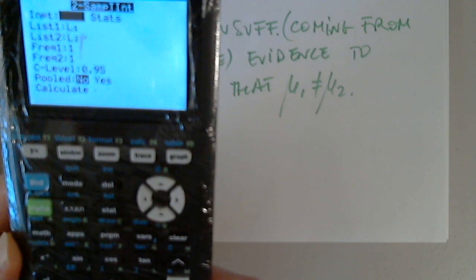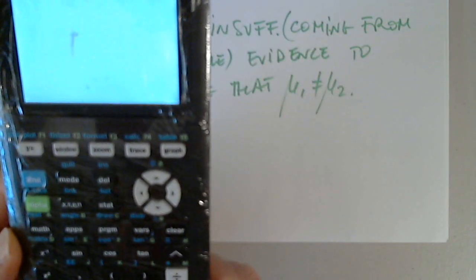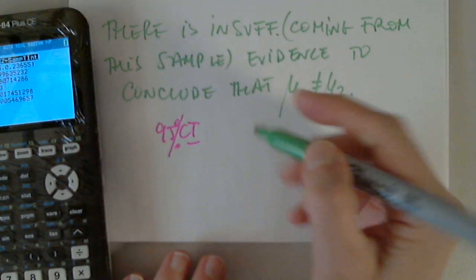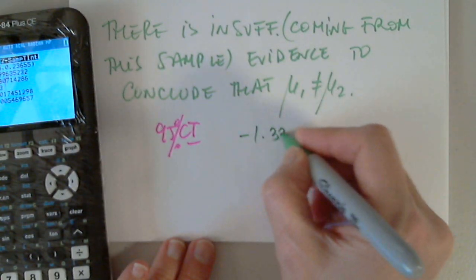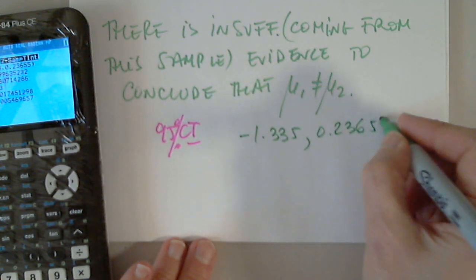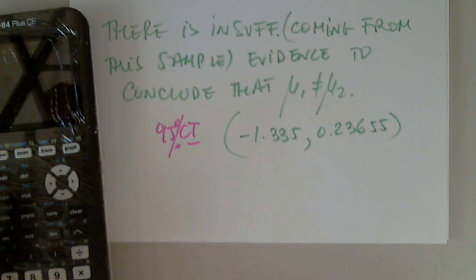We have the data, we have everything. Everything is there, calculate. So that is negative 1.335 to 0.23655. So this is our confidence interval.